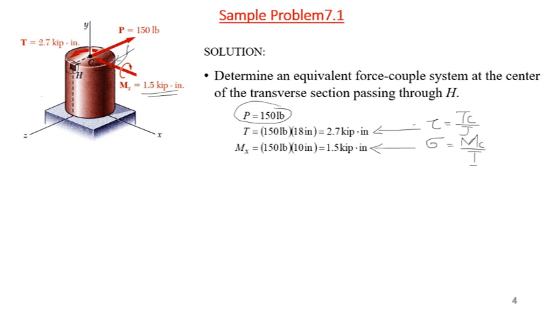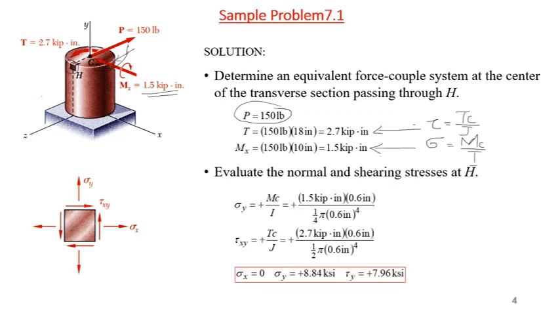Okay, now we know the forces. Now we will calculate the normal stress and the shear stress. The normal stress will be along the axis of the shaft, so sigma y.